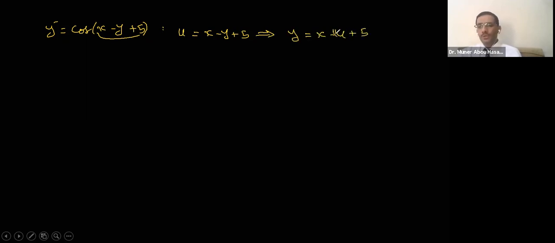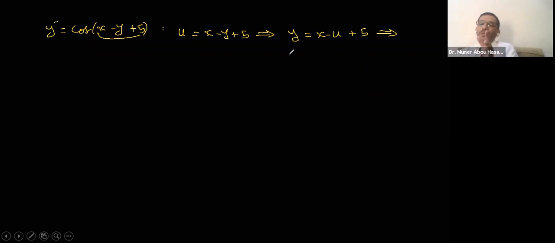Always, when you use any substitution, that means you convert your unknown function from y into u. Now I'm going to differentiate both sides, but let me ask you, Yusuf, could you please help to find the derivative of both sides?